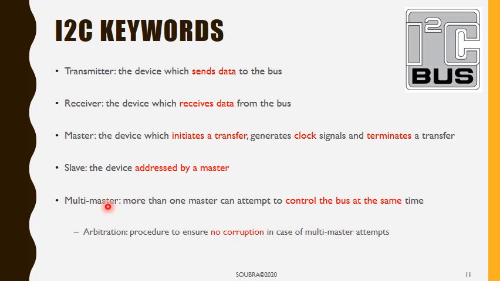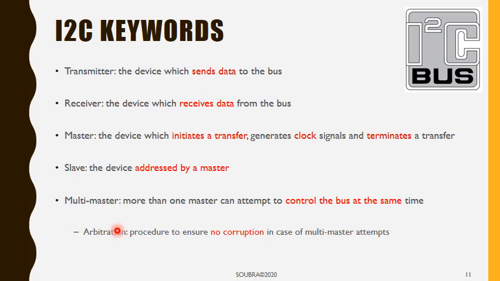So basically, if two masters, for instance, are trying to control the bus, and one master is trying to get data from some slave, and another master is trying to send data to some other slave, because we're sharing the same line, there will be some corruption, that's for sure. So we need some kind of arbitration mechanism here, all right, to make sure that only one master is acting at a time. That's a better way to describe it.